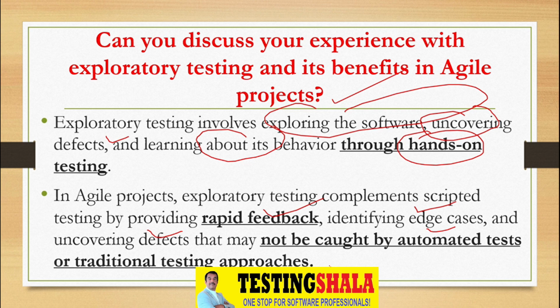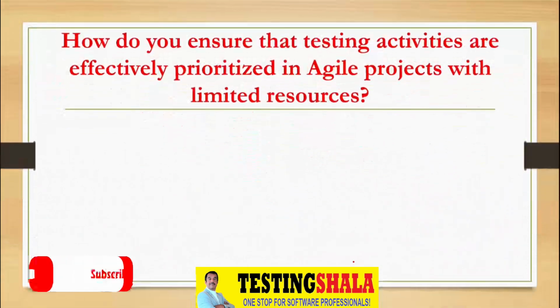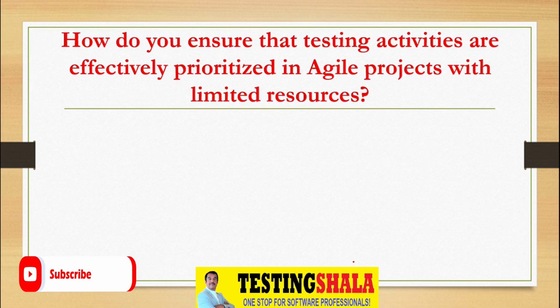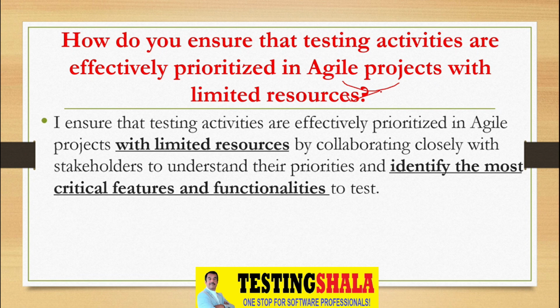We can uncover the defects which we normally cannot catch by automating the tests or by doing the normal traditional testing methods. How do you ensure that testing activities are effectively prioritized in Agile projects with limited resources? Here, as we discussed earlier, in Agile normally we have limited resources. We have to work closely with the stakeholders to understand the requirements and priorities, and prioritize all the critical features and functionality to test on a priority basis.